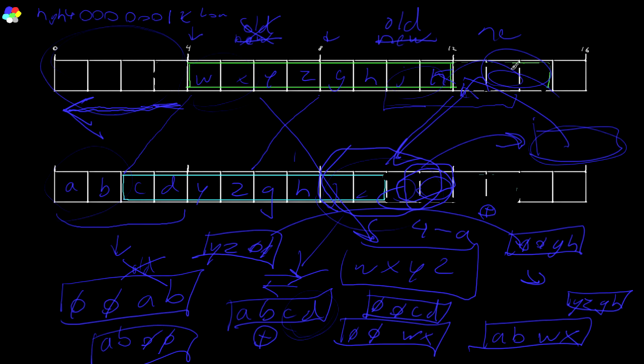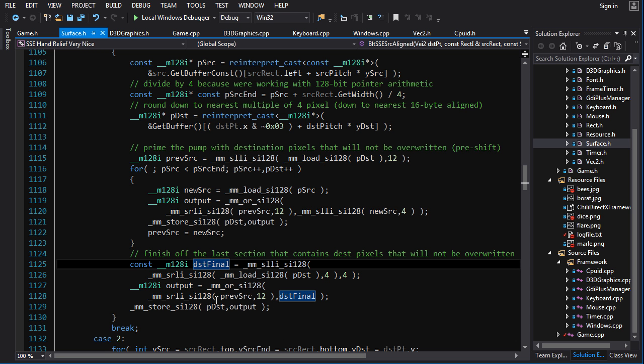And then we shift our old values. Where do we shift them? We shift them right to get them over here, and then we OR them with this. Here we go, shifting right by whatever amount we need to, and we OR them with the right-left shifted destination values, and we get our final value to be stored.